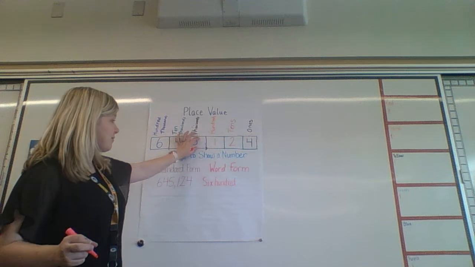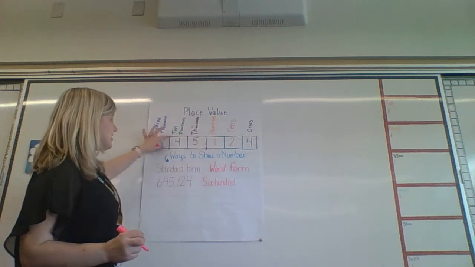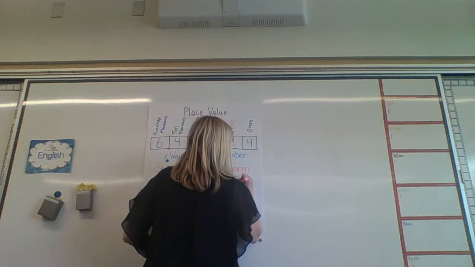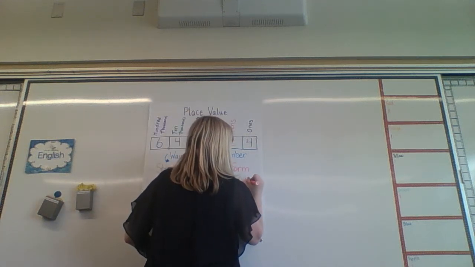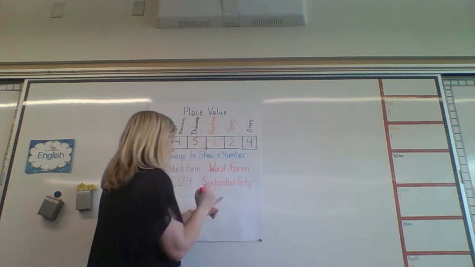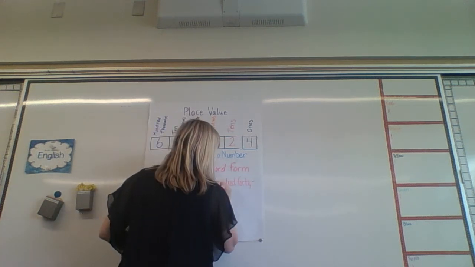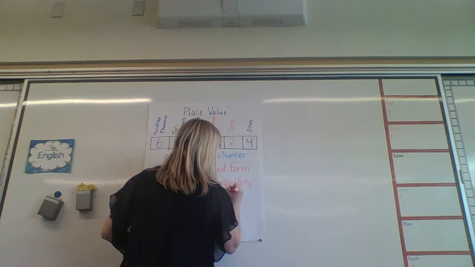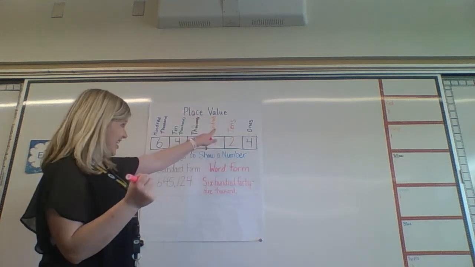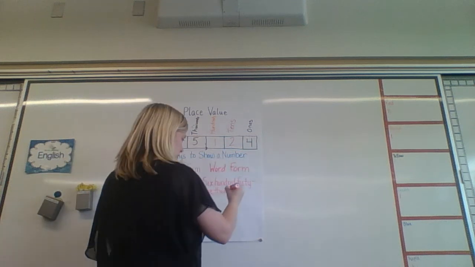So 645, all this right here, we say for the thousands. 645,000. 45,000, comma, 124.